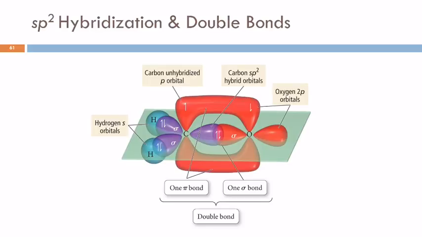A cylinder. It's symmetrical. So that's what the sigma bonds are like. This side-to-side overlap is called a pi bond. Not exactly sure why, but the sigma is the symmetrical one. The pi bond is the other one. Any questions?